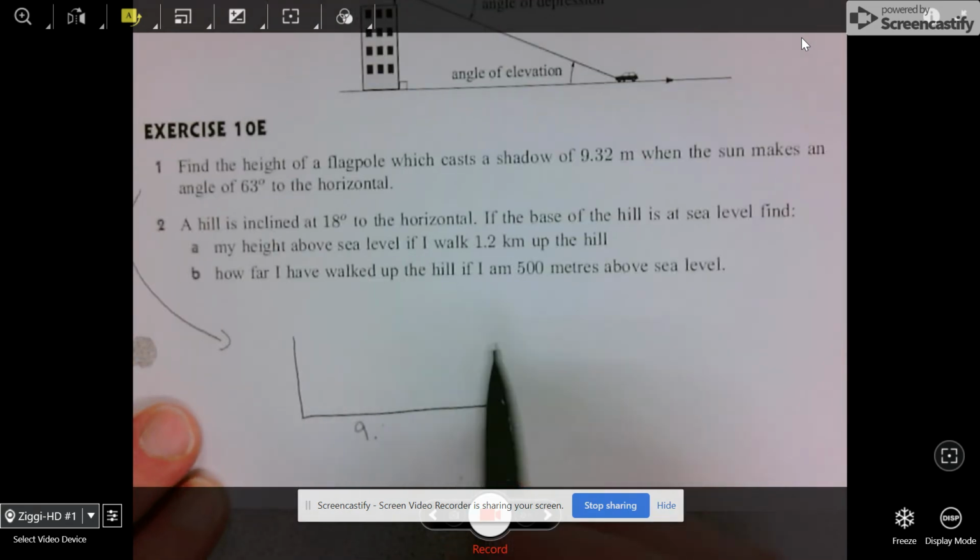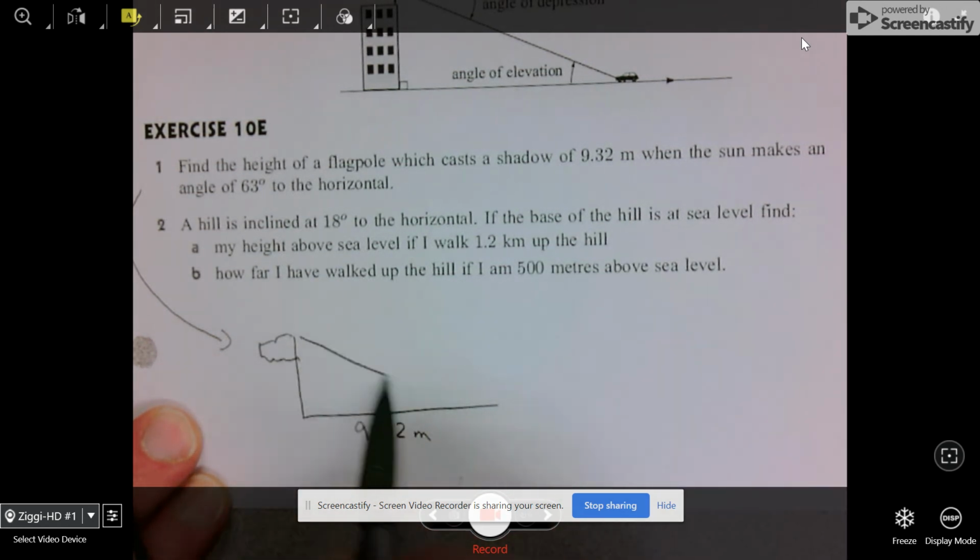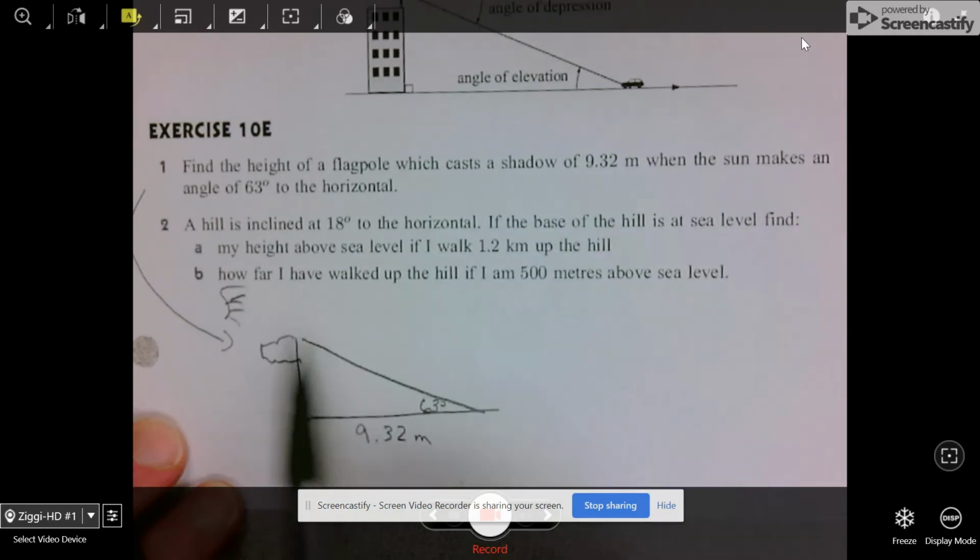So the 63 degrees, the sun is up here. The sun is always in the same reference for making shadows. So if we had a person, they could find similar distances. This could have also said the angle of elevation from the tip of the shadow up to the sun. The angle of depression from the top of the flagpole would be 63 degrees. Any of those would also work.